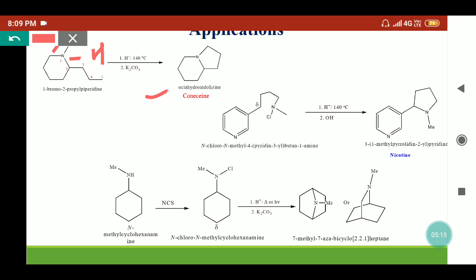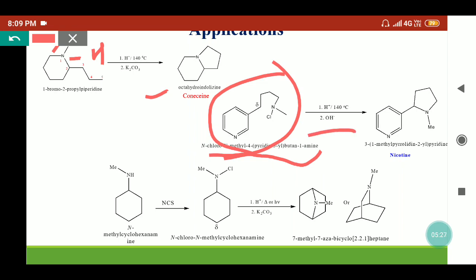Except that if we are taking the N-chloro N-methyl pyridine 3-ene butane 1 amine, this compound, then in presence of acidic media and followed by the basic workup, we will get the nicotine as a product due to the Hofmann-Loeffler Freytag reaction.